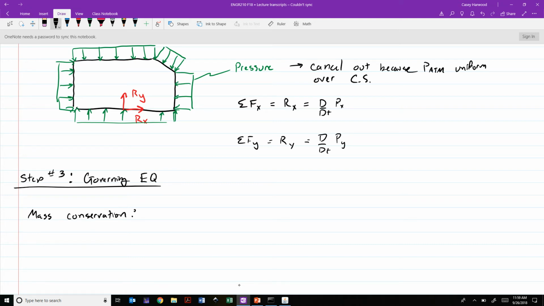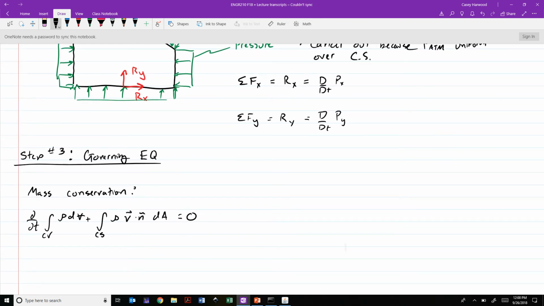Mass conservation is basically saying that d/dt of the integral over the control volume of rho dV plus the integral over the control surface of rho V dot n dA is equal to 0.